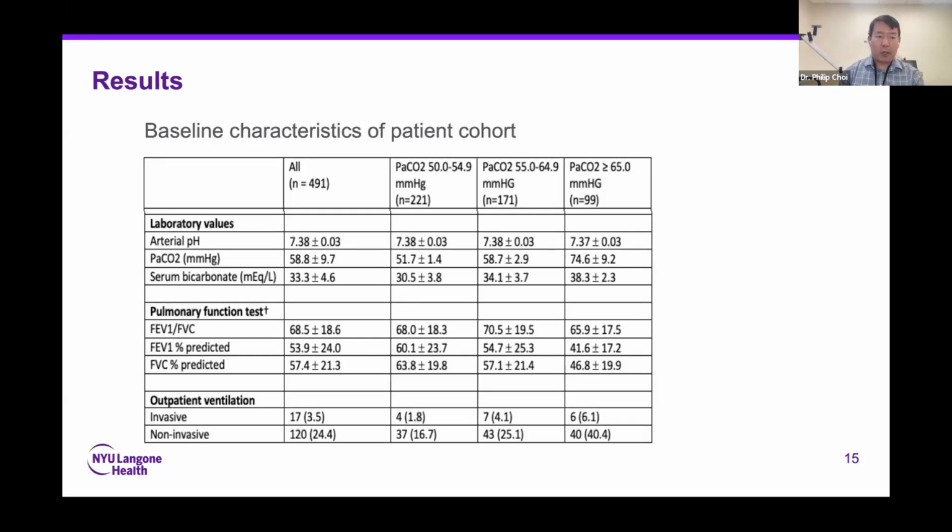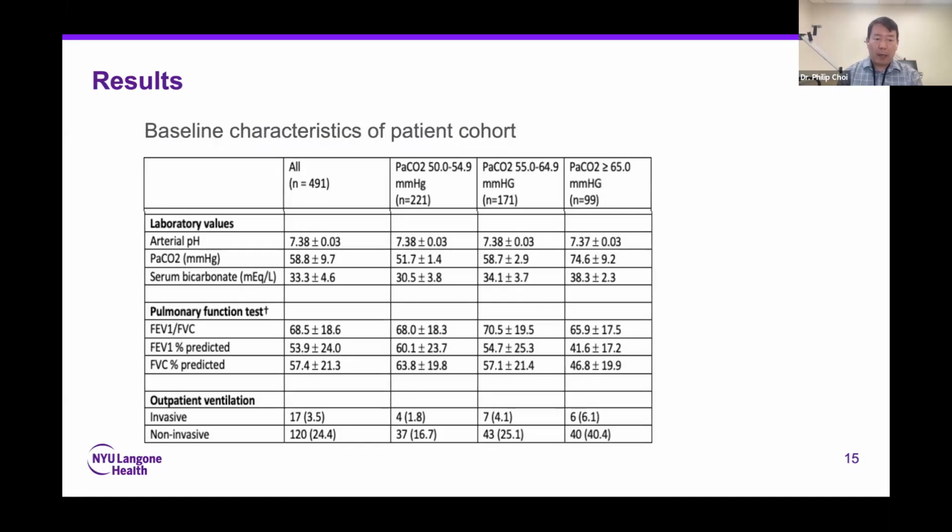And this is some of the other data that we found. So there was an average PCO2 of 58.8 with an average serum bicarb of 33.3. As you note, about half of the patients who had spirometry did have obstruction based on their FEV1 to FVC ratio.